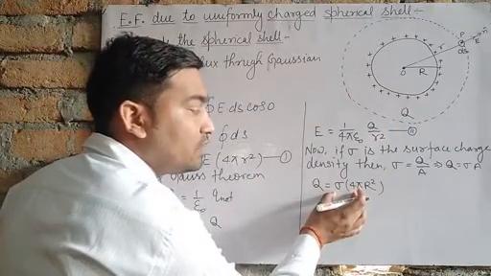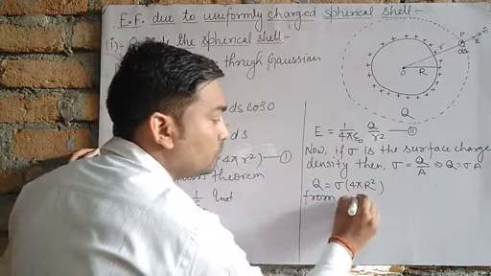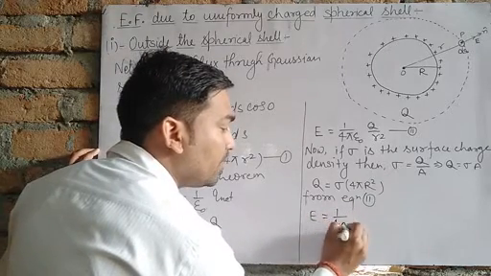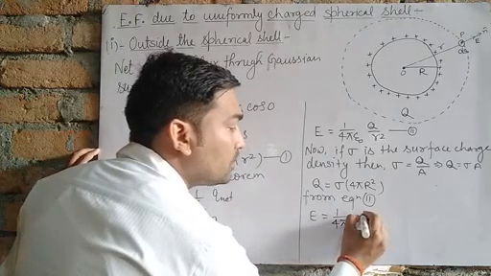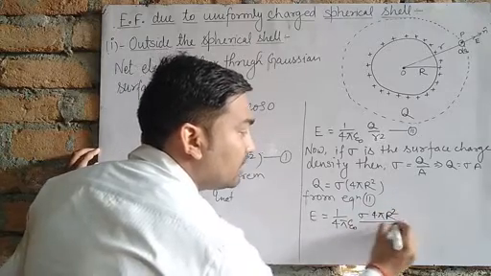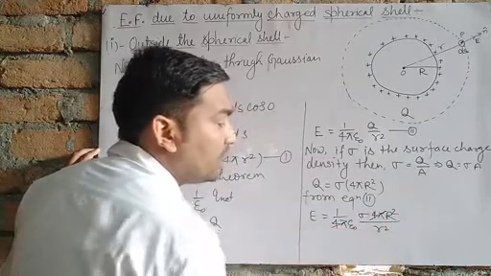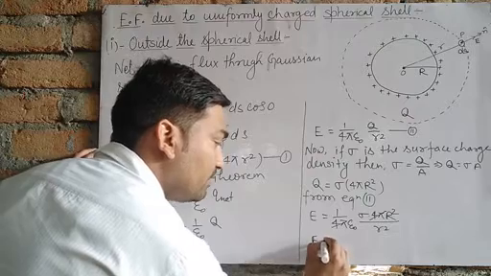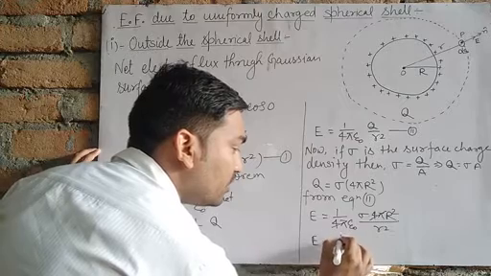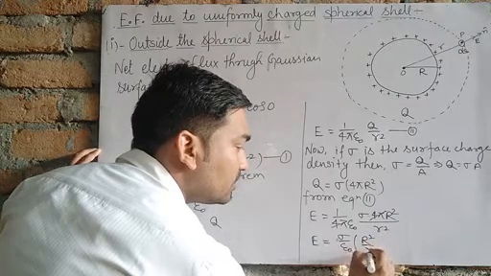By putting this value of Q in equation 2, the electric field E equals 1 upon 4 pi epsilon naught times sigma into 4 pi capital R square divided by small r square. 4 pi and 4 pi cancel each other, and the electric field E equals sigma upon epsilon naught times capital R square upon small r square.